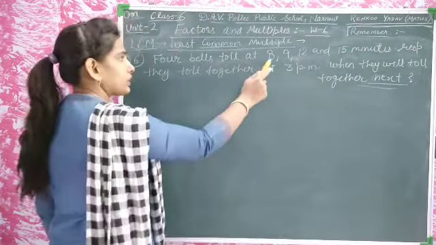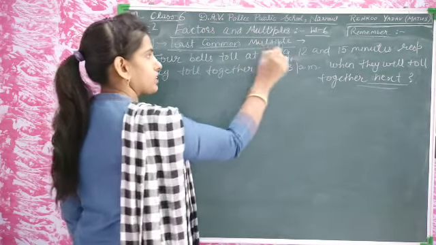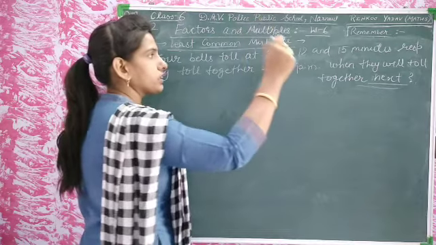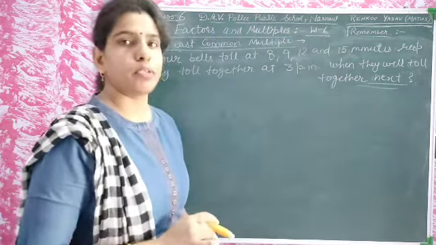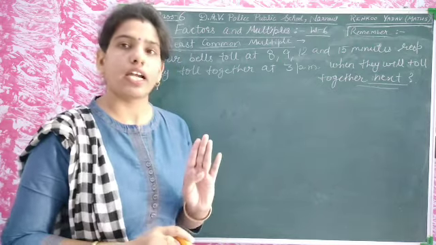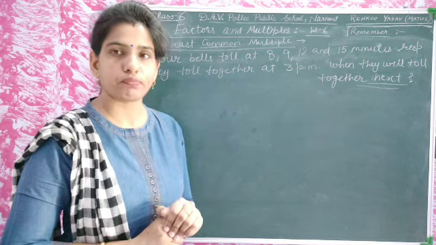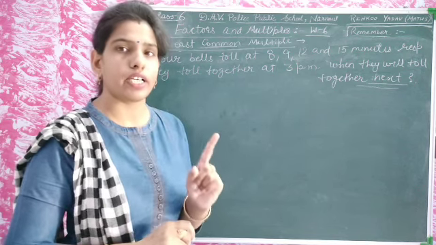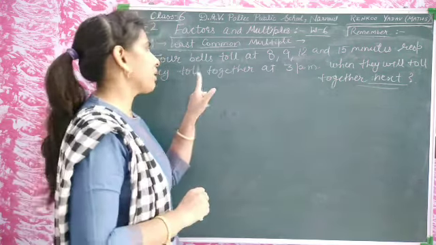It means the first bell tolls at 8 minutes, the second bell tolls at 9 minutes, the third bell tolls at 12 minutes and the fourth bell tolls at 15 minutes. It means there are 4 bells and they toll at different timings.